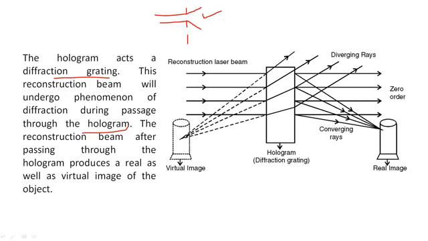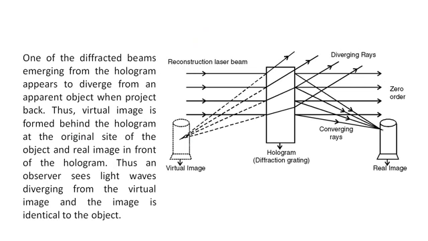The reconstruction beam, after passing through the hologram, produces a real as well as a virtual image of the object. One of the diffracted beams emerging from the hologram appears to diverge from an apparent object when projected back. Here you can see the same.